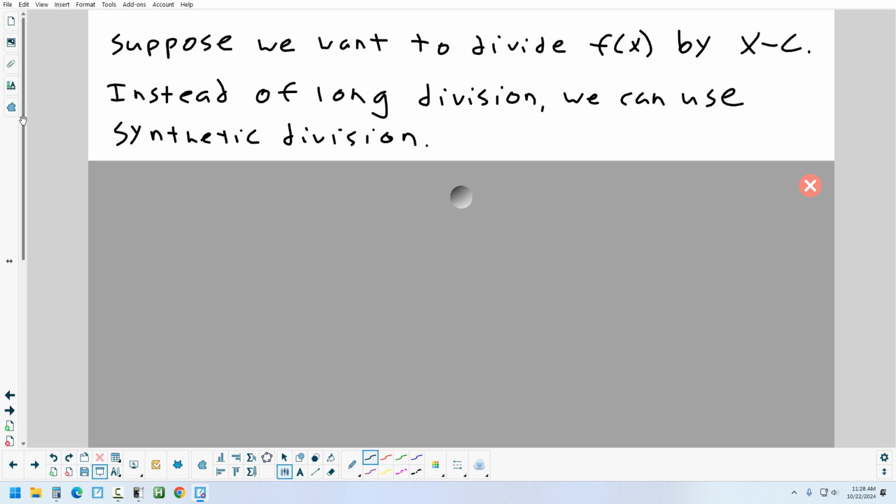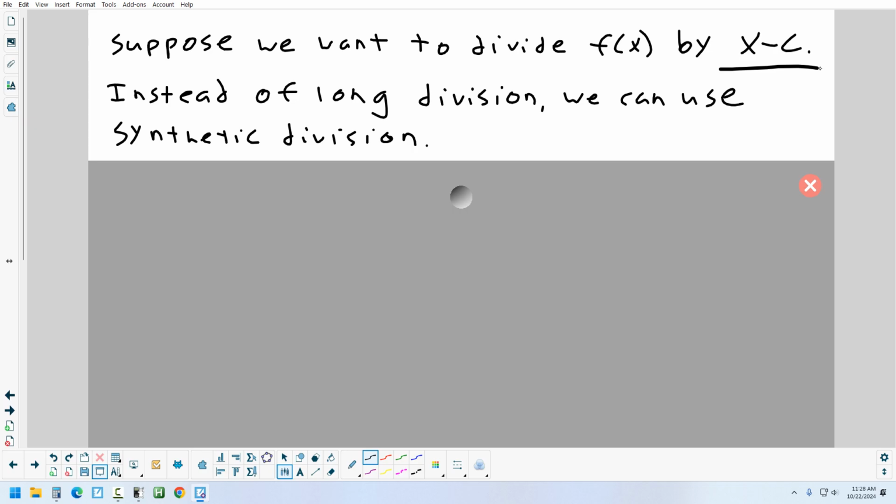Now, this trick, or this division process, does not work all of the time. So let me start with that. Long division works all of the time. Synthetic division only works some of the time. It will work as long as your denominator is x minus a number. We saw that yesterday. What did we learn yesterday?